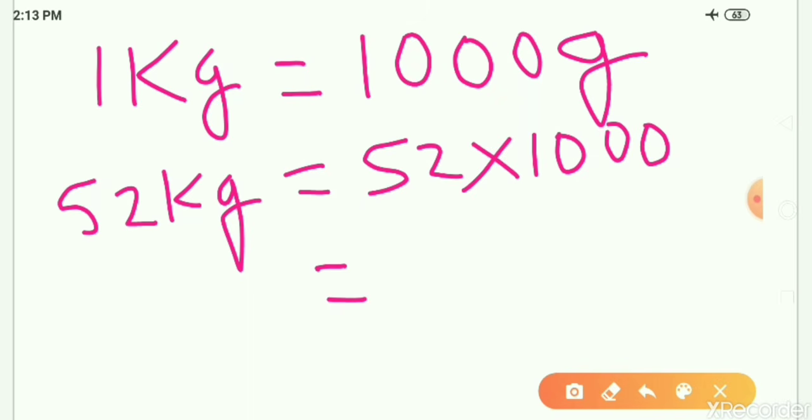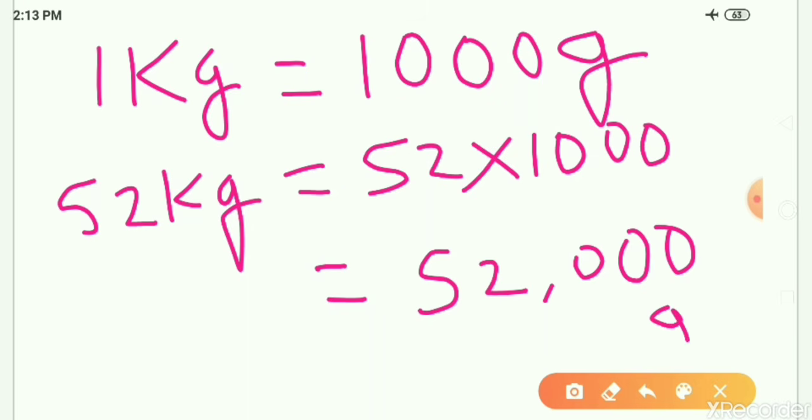It will be 52, and how many zeros are here? 3 zeros. So it will be 52,000 gram. Very nice. Keep it up.